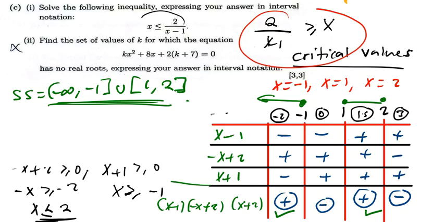Now if you are confused, guys, if you want maybe to shift this to go to the other side, you still end up having the same answer. Nothing is going to change. Everything will be the same. So if you can try it, shift 2 over that to go to the other side, it will still be the same, because you are going to have x minus 2 over x minus 1 less than or equal to 0.